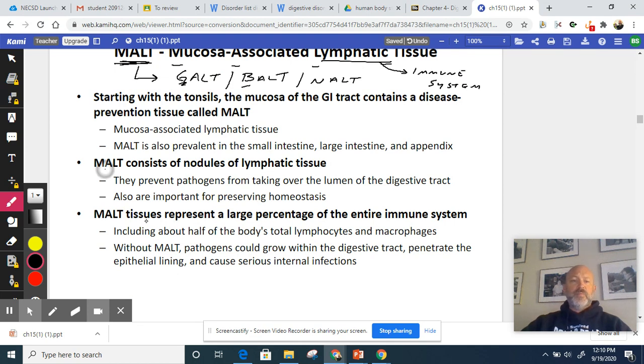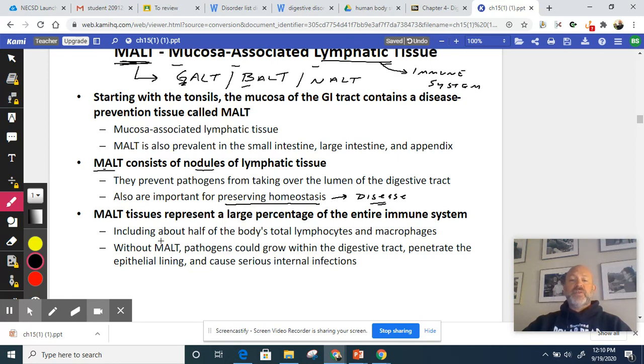And so the MALT, these clusters of immune cells, or these nodules of lymphatic tissue, are very important for preserving homeostasis, right? Because when we have disease, when we have infection, that is a disruption of homeostasis. Disease is a disruption of homeostasis.